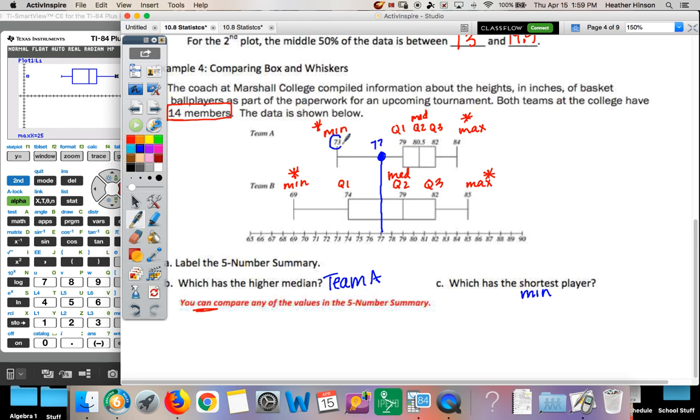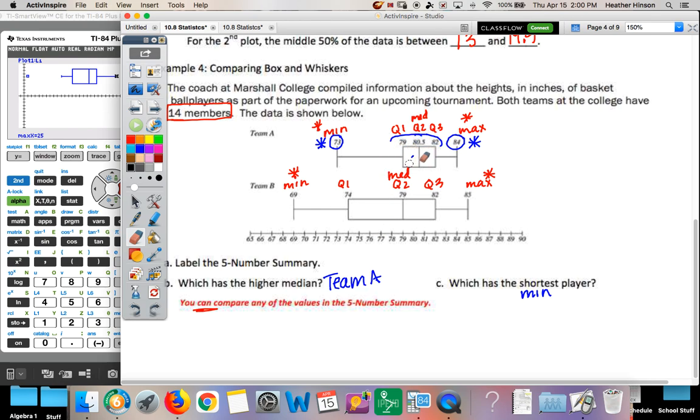I know someone's 73. I know someone's 84 because that's my max and min, but I don't know if 77 is somebody. I actually don't even know if these are true because those are just averages. So the only numbers you know for sure are your min and your max. Everything else is a complete guess.